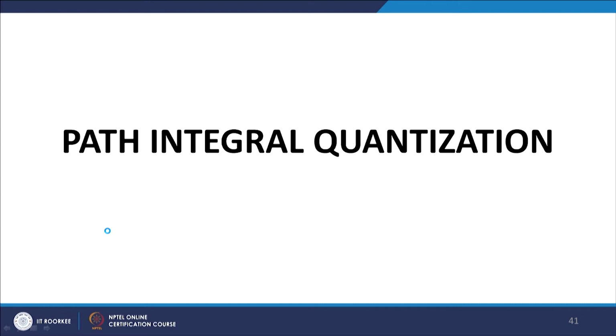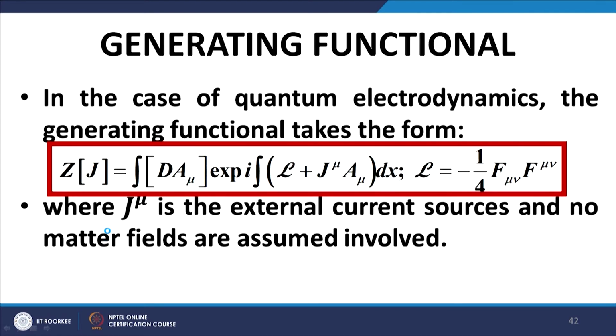Now we come to the most important topic here, the path integral quantization. The generating functional in the case of quantum electrodynamics, that is the electrodynamics of the electromagnetic field, will take the form that is given here, where the script L is the Lagrangian, which is given by the expression on the right side of the red box, and J mu are the respective sources, A mu are the field variables.